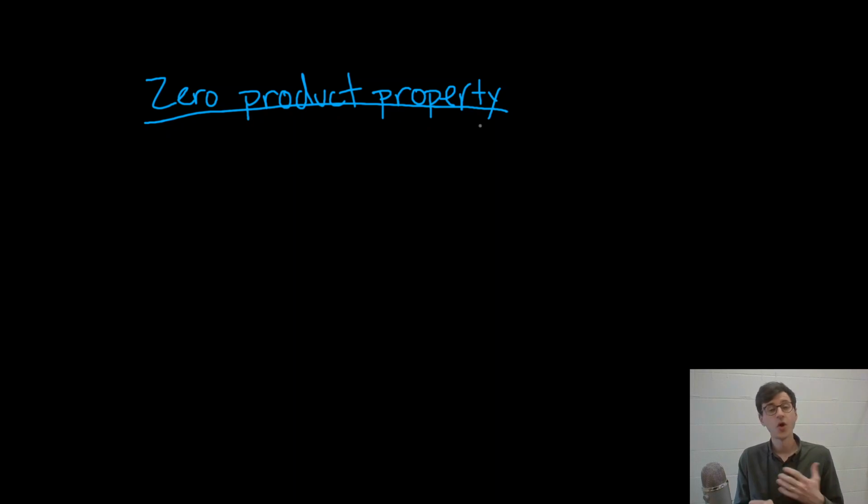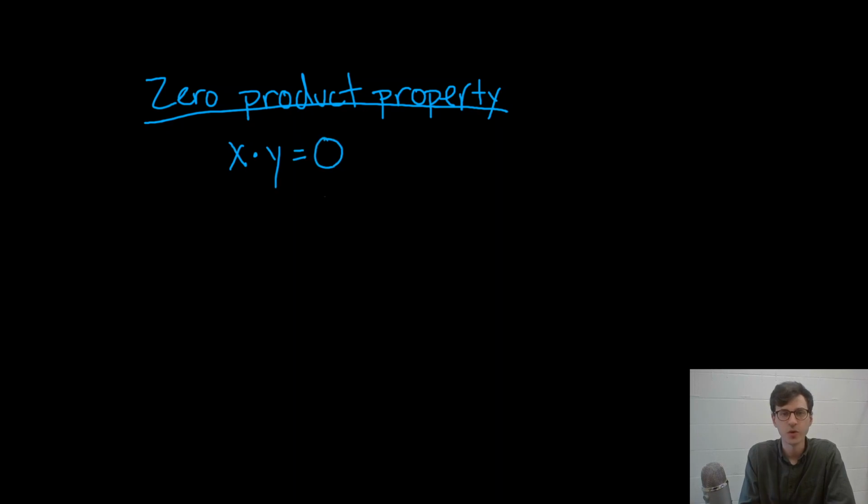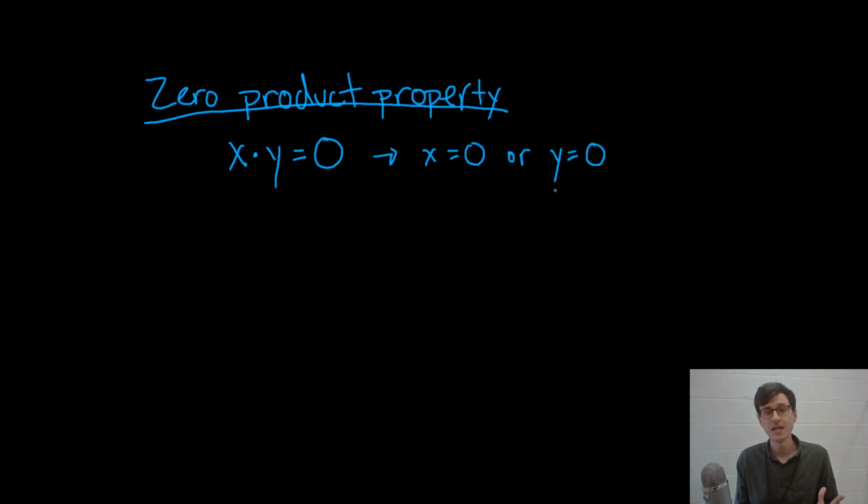But for our purposes, the zero product property is a good type of this Schrodinger's cat experiment. So the zero product property, what is it? Well, if I have two unknowns, x times y, and they equal 0, then I know x is 0 or y is 0, or they're both 0, right?